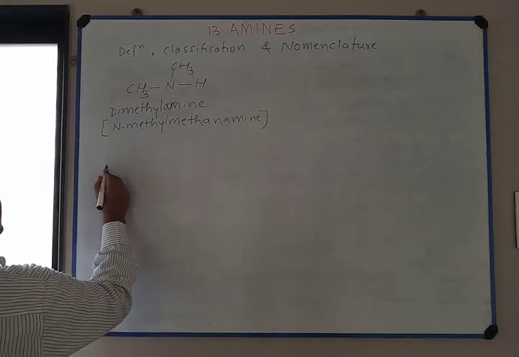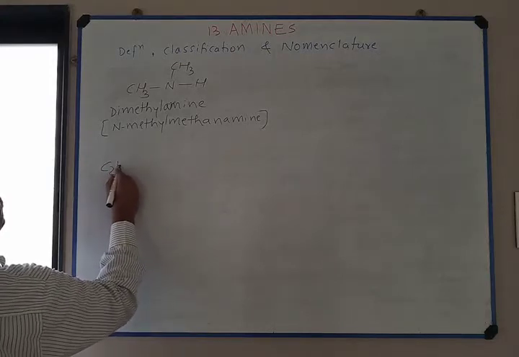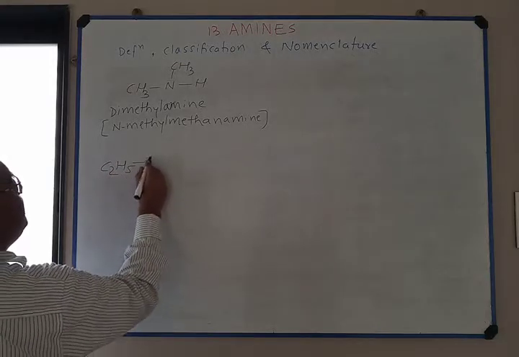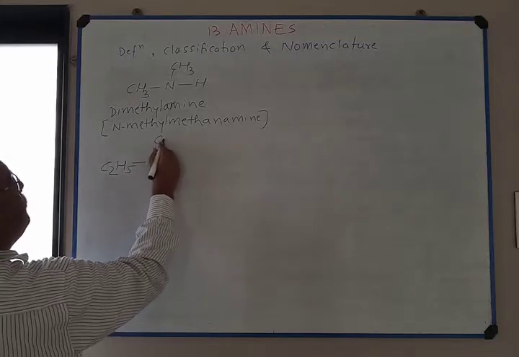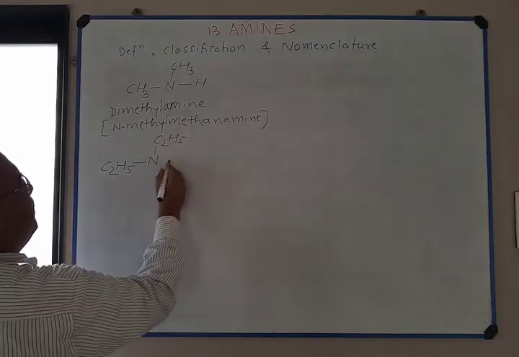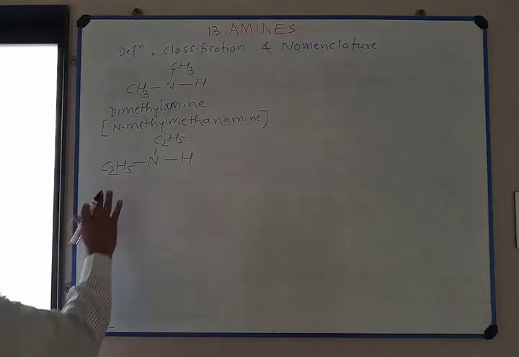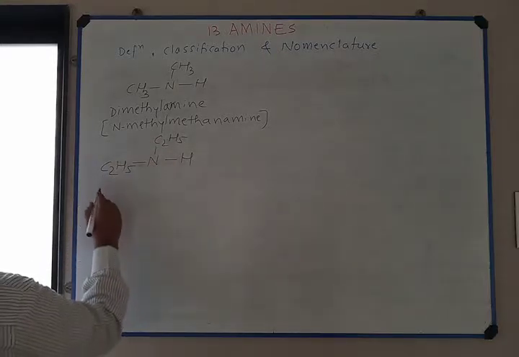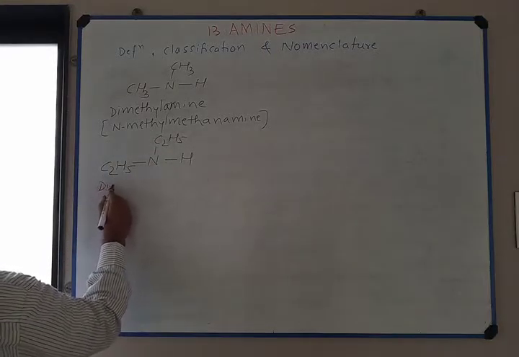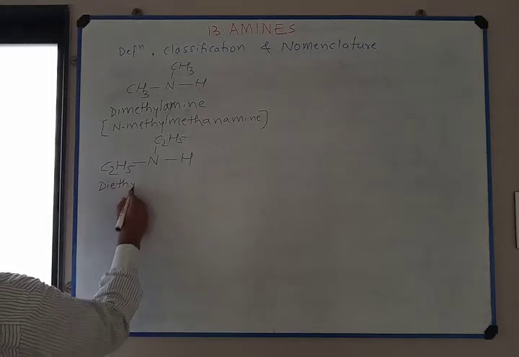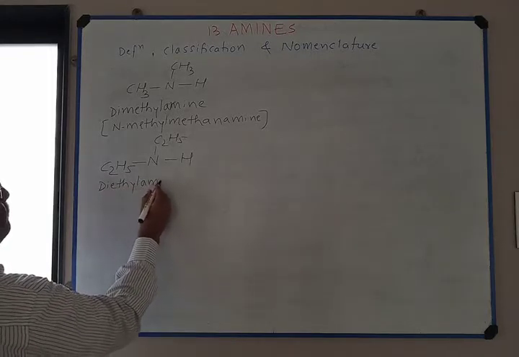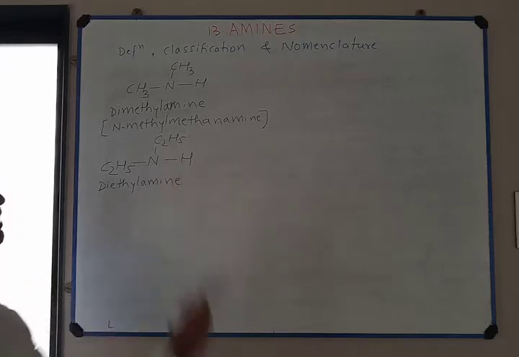Next example I take C2H5 single bond N, C2H5 and H. This is also symmetrical amine. Ethyl group is present 2 times, therefore I write diethylamine.